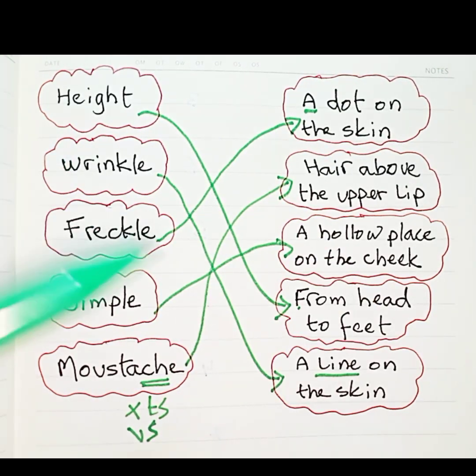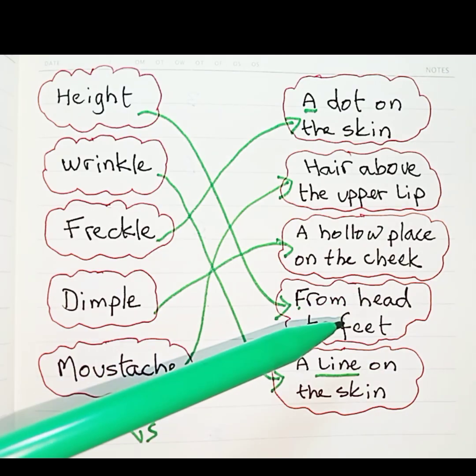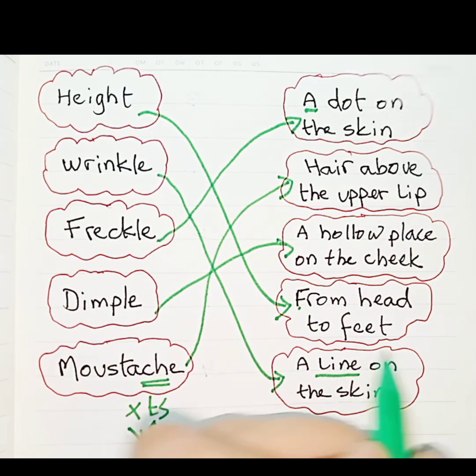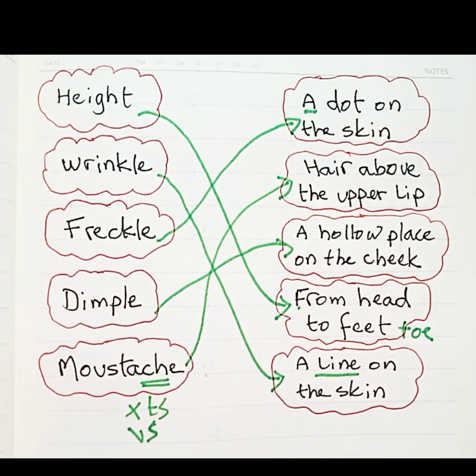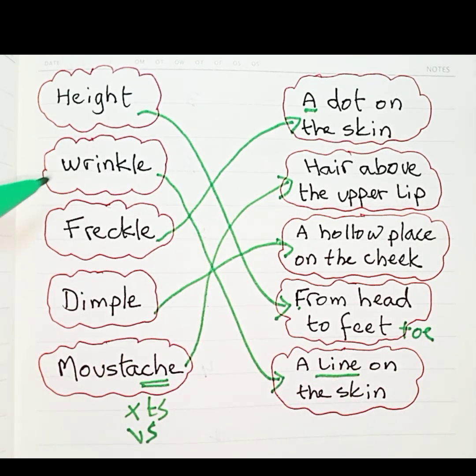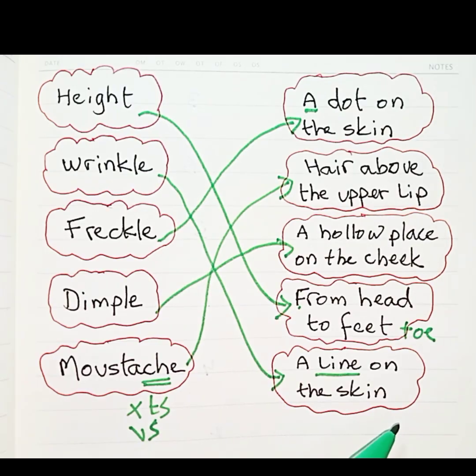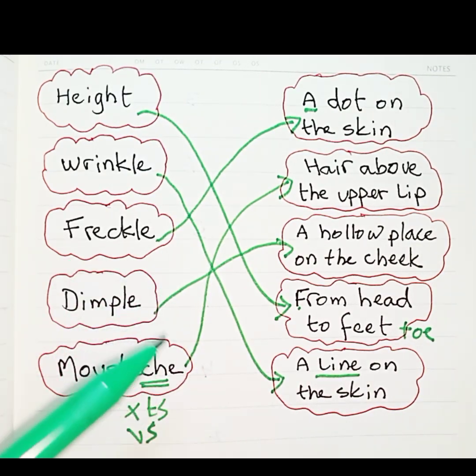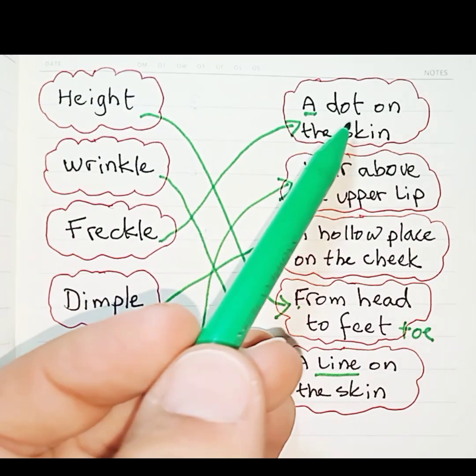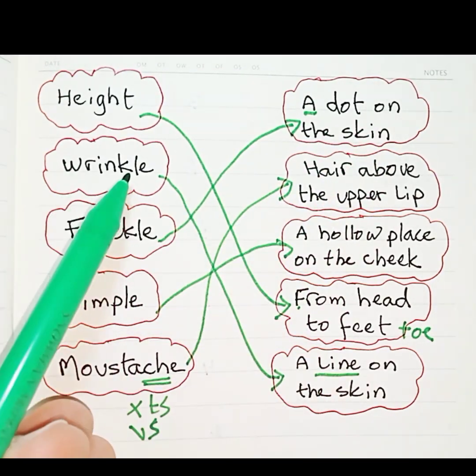So height is from head to feet, or we can say from head to toe. Wrinkle is a line on the skin. Freckle is a dot on the skin.